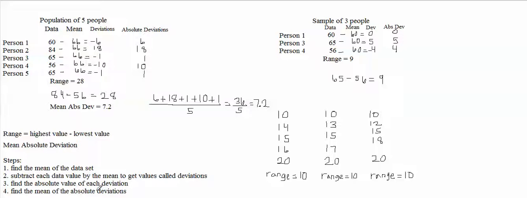In step 4, we have to find the mean of the absolute deviations. That just means we have to find the mean of these three numbers. To get the mean of these three numbers, we just add the three numbers and divide the total by 3. We're just adding and dividing by the number of numbers.